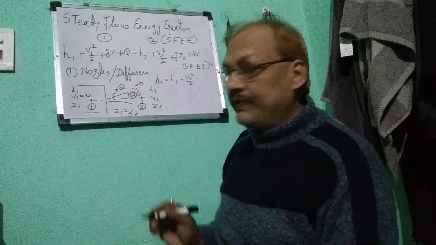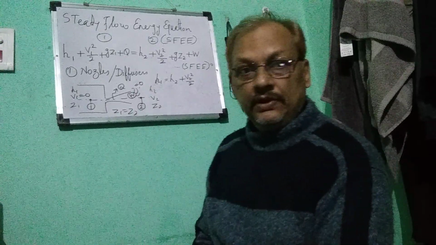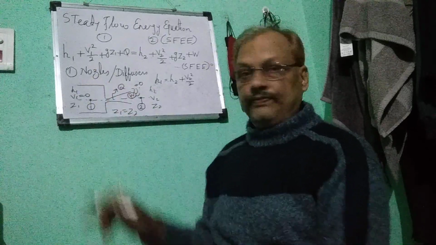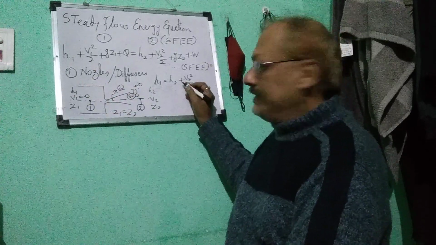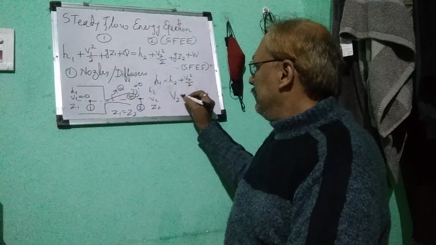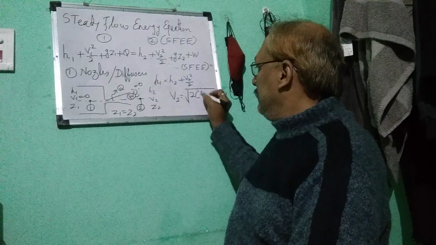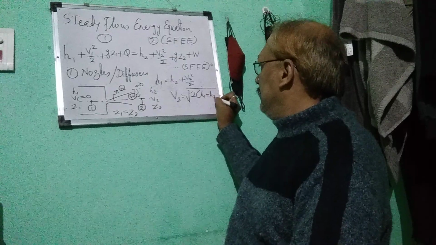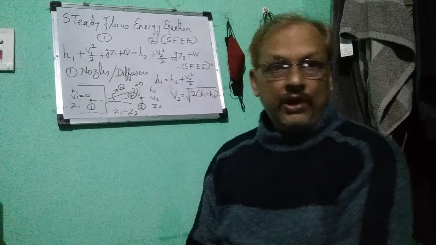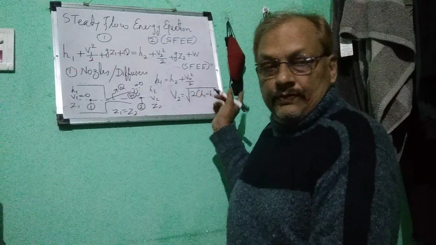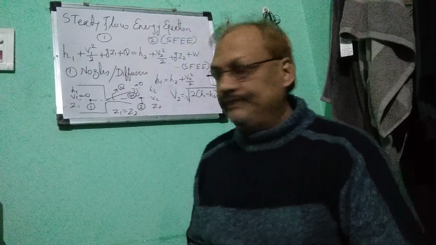No heat transfer, no work done, Z1 equals Z2 and V1 is 0. So from here we get V2 equals the square root of 2 times (H1 minus H2).